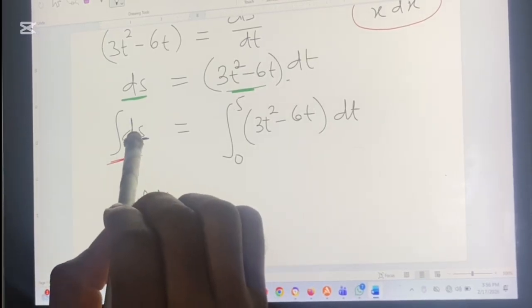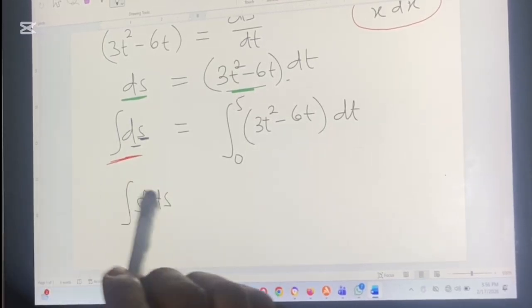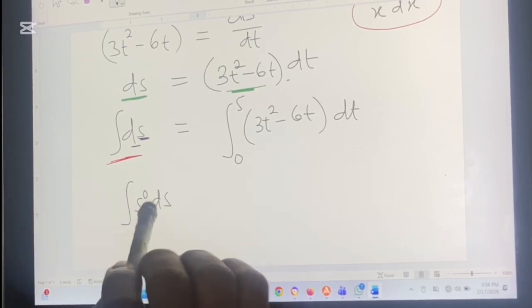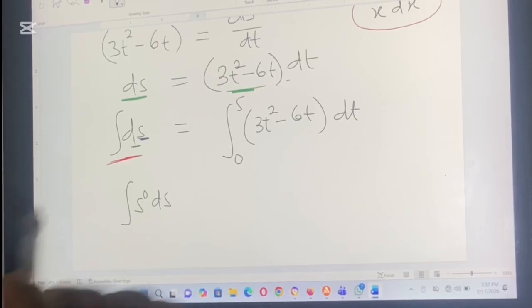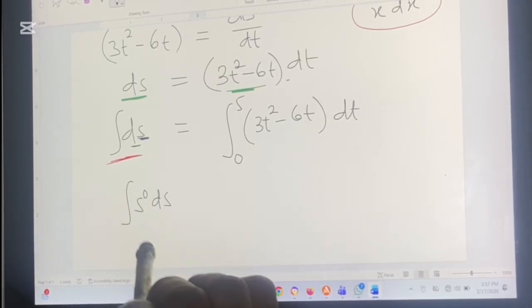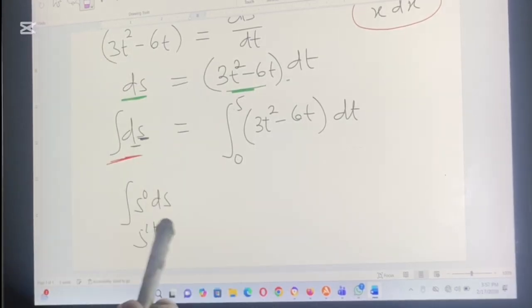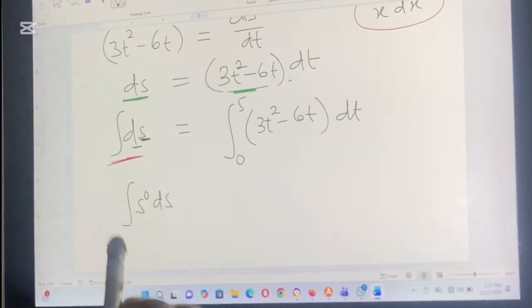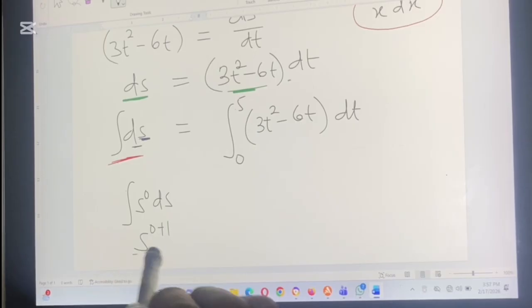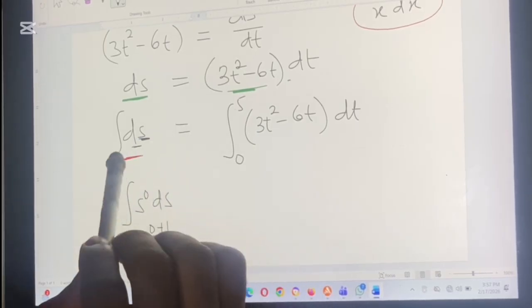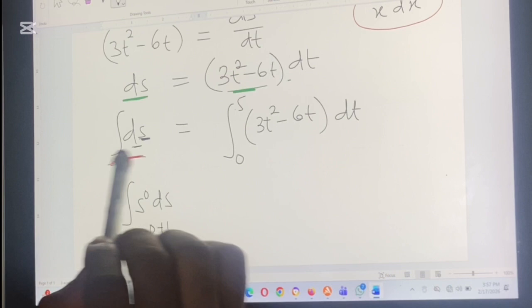Now I'm using s because I'm integrating with respect to s, okay? So s raised to the power of 0 is 1. 1 times the s will give us the s. So the pattern of integration, the linear pattern of integration, is to add 1 to the power and divide by the new power. Please take note. So add 1 to this power here. So I'm going to have s raised to the power of 0 plus 1 divided by 1. So I've integrated the left hand side, that is this part here.